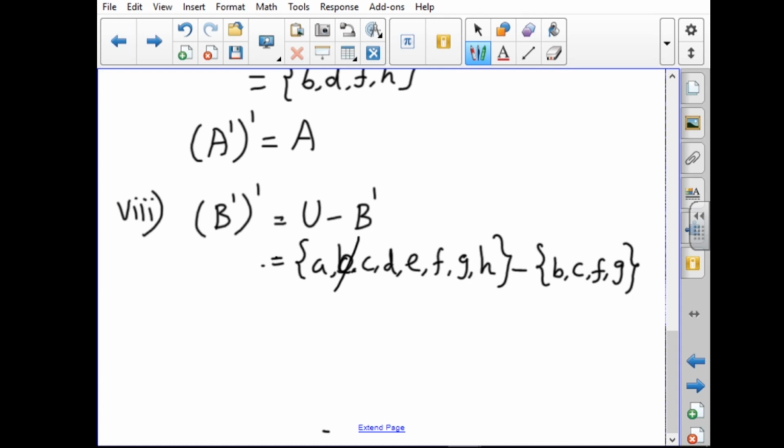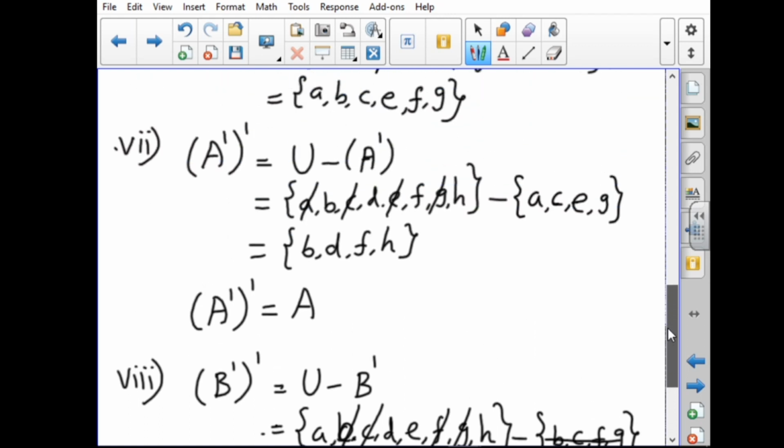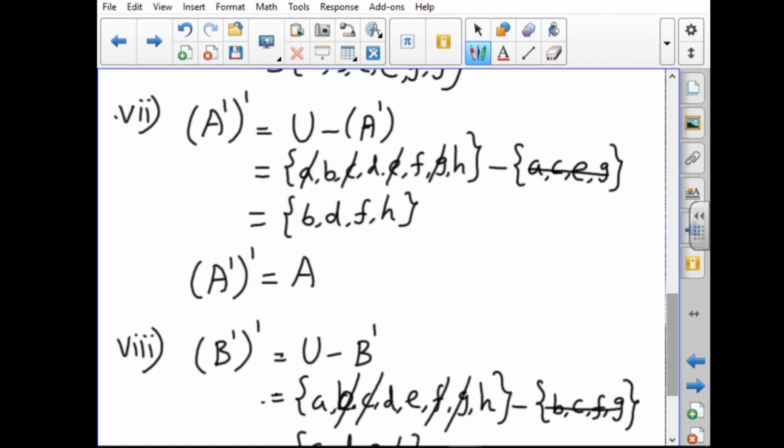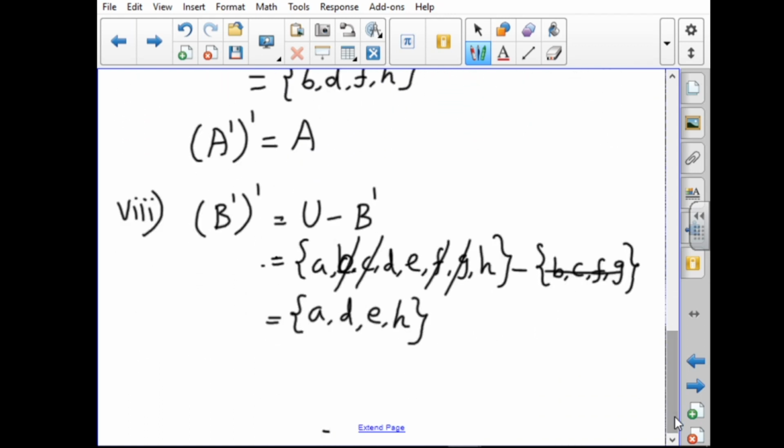So B, C, F and G. What do you get remaining? A, D, E, H. This is the value of B dash whole dash.